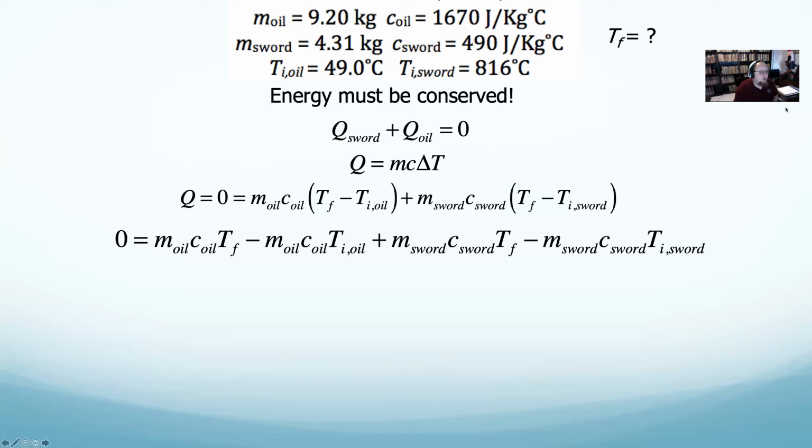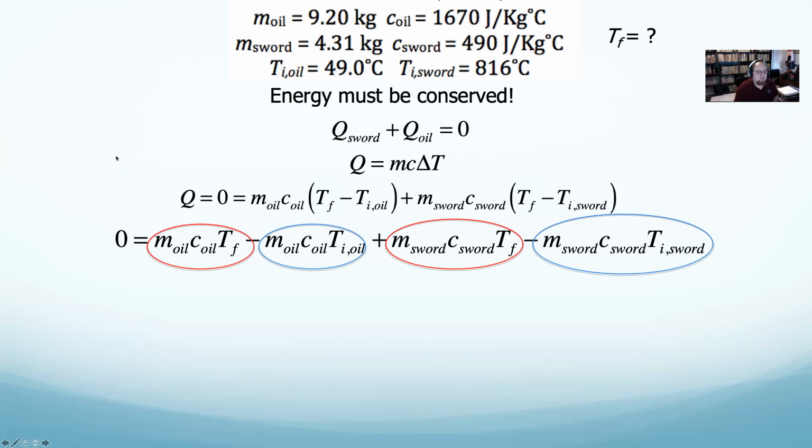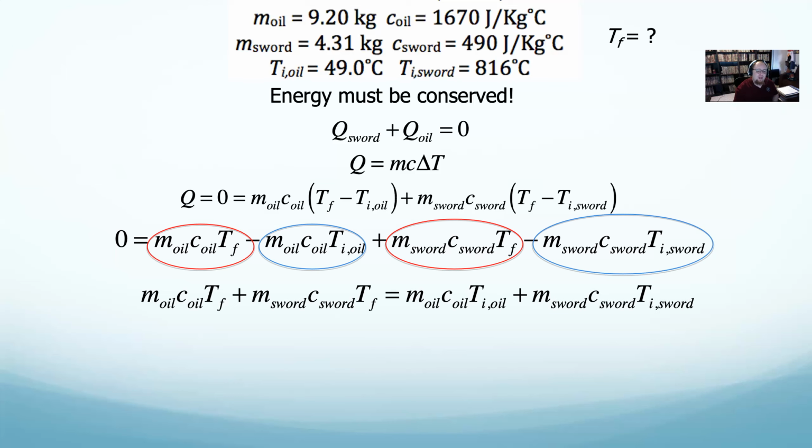When I factor them all out, I have two terms with a T final in them and two terms without a T final in them. I'm going to take everything without a T final and move it to the other side. Both these things I circled in blue, I'll add to both sides of the equation. So I have the red on the left and the blue on the right.